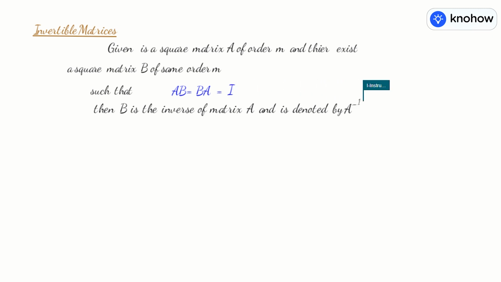That is, if AB equal to BA equal to I, then we say A inverse is B. Now let's take an example.